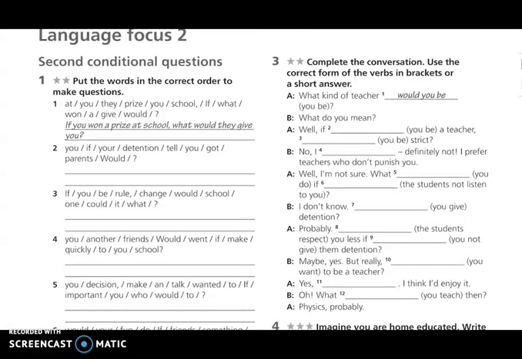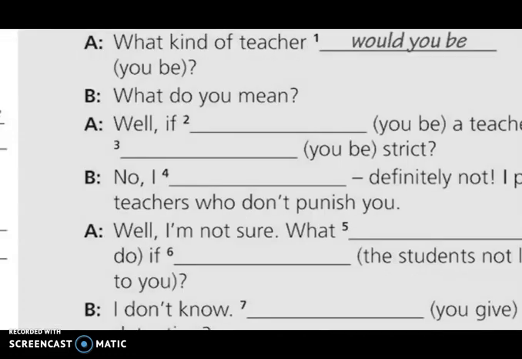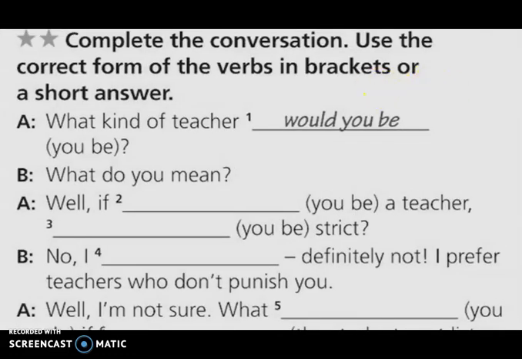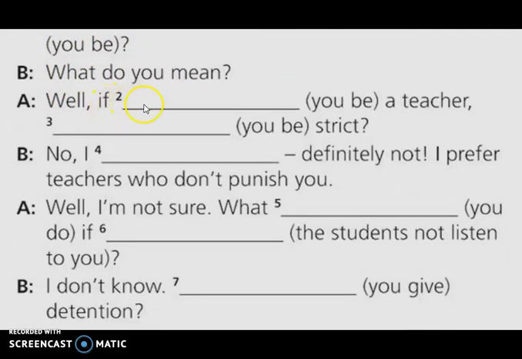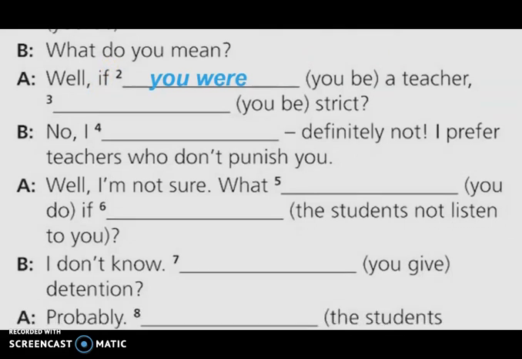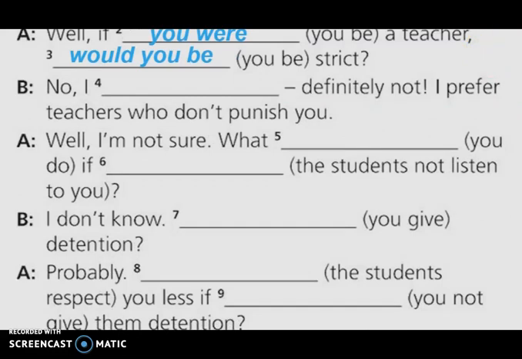Now let's move to exercise 3. We have to complete the conversation, using the correct form of the verbs in brackets or short answers. Here we have in the bracket you, be, so would you be? Here the if part, so past simple. If you were a teacher, would you be strict? Number 4, no. So no, I wouldn't. Definitely, I prefer teachers who don't punish you.